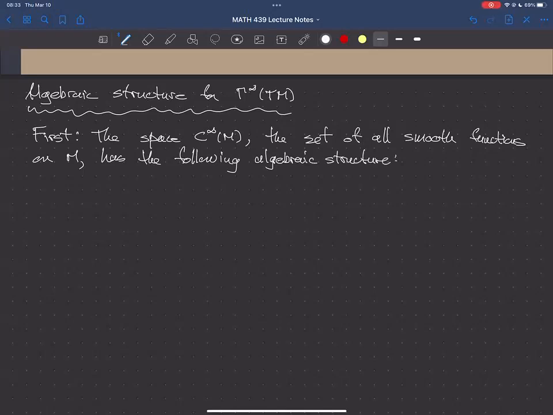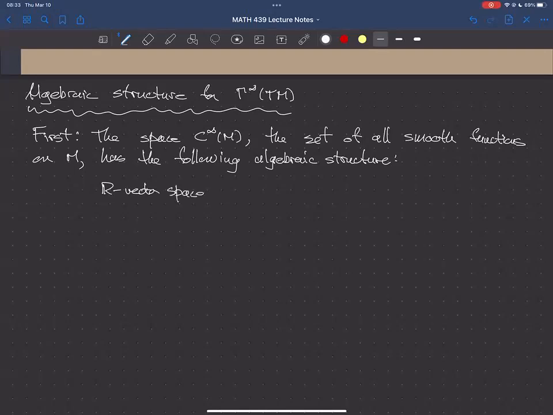First of all, it is a real vector space.